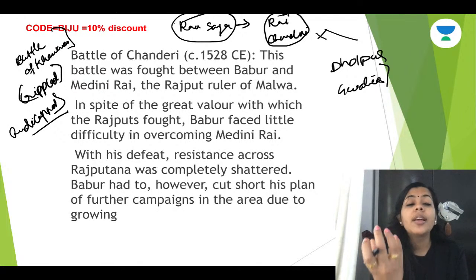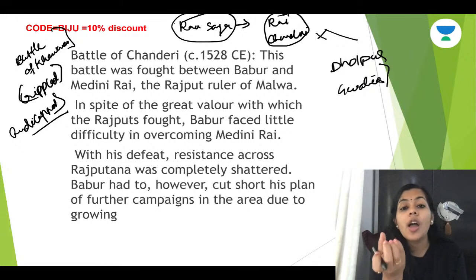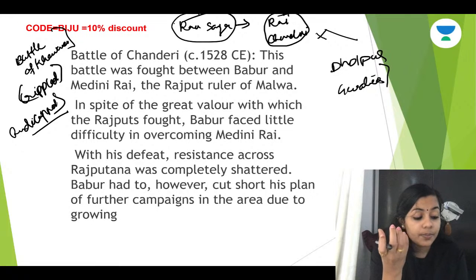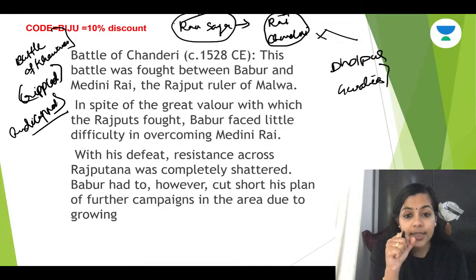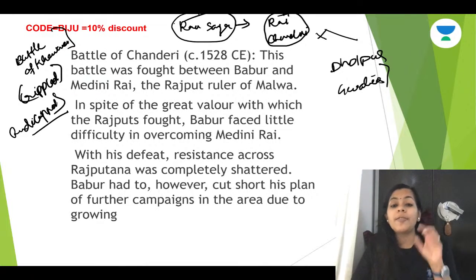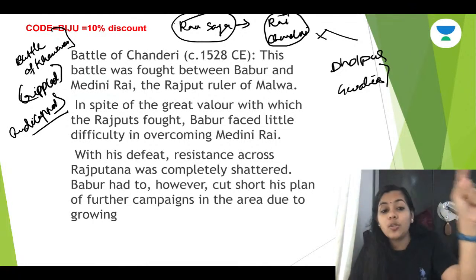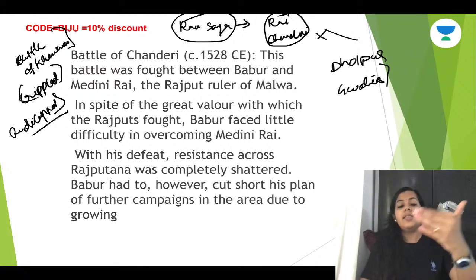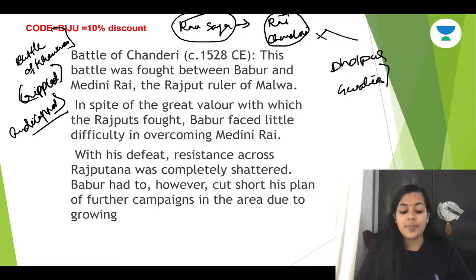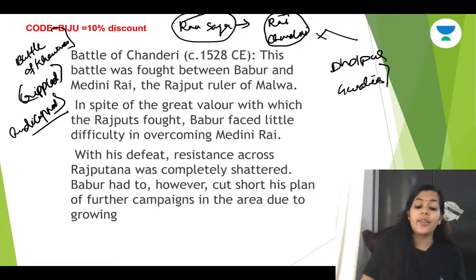And coming to this, Chanderi was the strongest stronghold of the Rajputs. They had much area under them, a very strong hold of the Rajputs. If this Chanderi area goes to Babur, what will happen? Automatically he will be powerful. But the Rai of Chanderi, the person who was ruling there, was closely associated with Rana Sanga, very close with him.